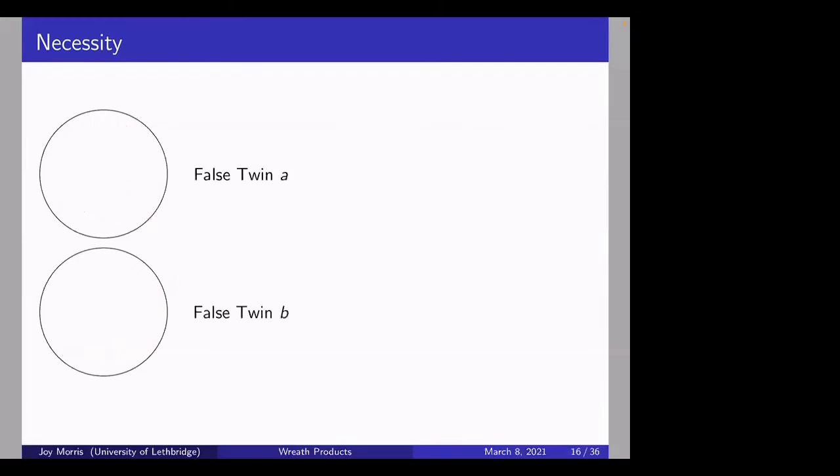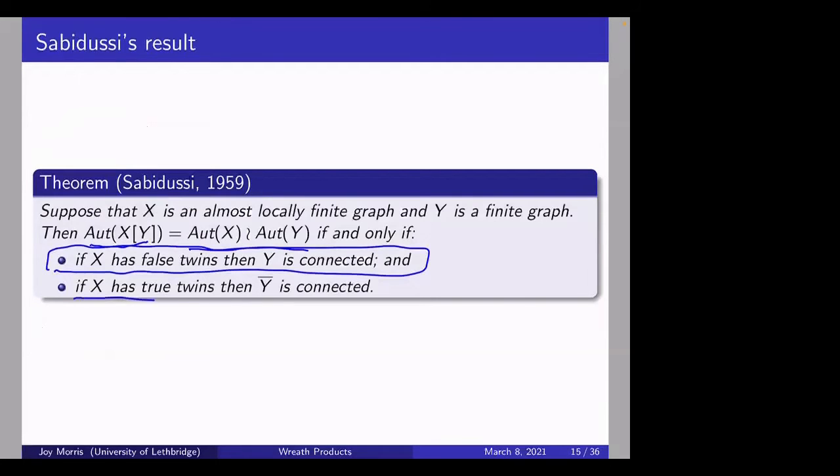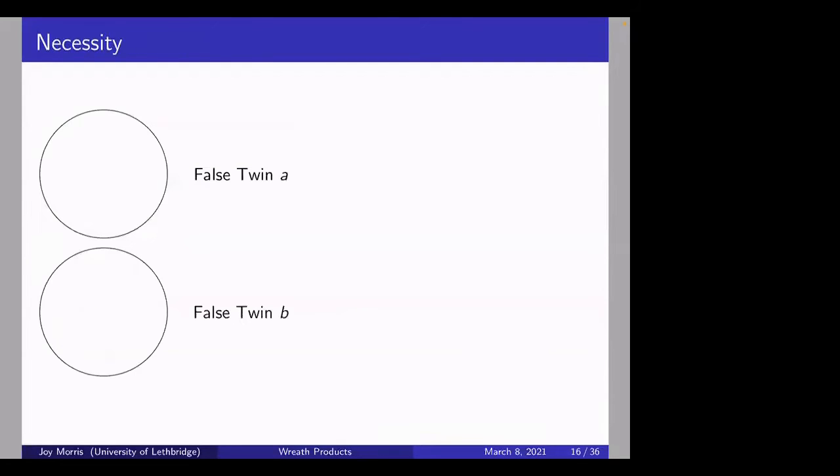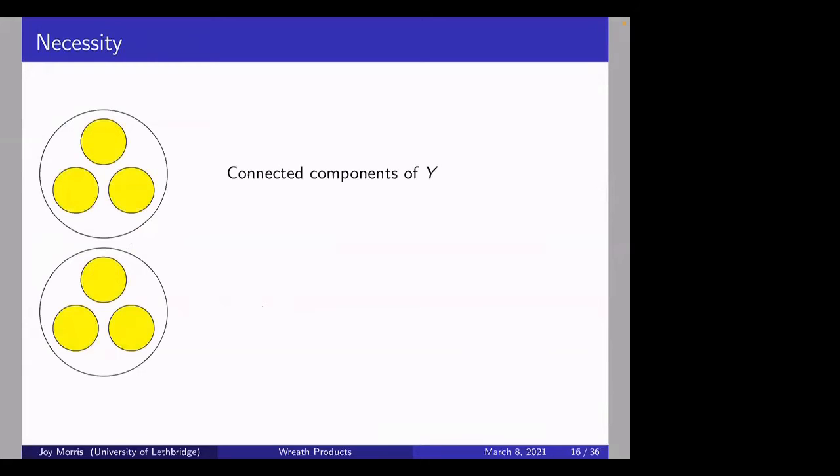So the other condition was that if X has true twins, then the complement of Y has to be connected. And again, it's a very similar reason. So now if we have true twins, all that changes is that these two vertices are adjacent in X, but have all of the same neighbors outside. And these are now the connected components of Y complement, meaning we have every possible edge between them.